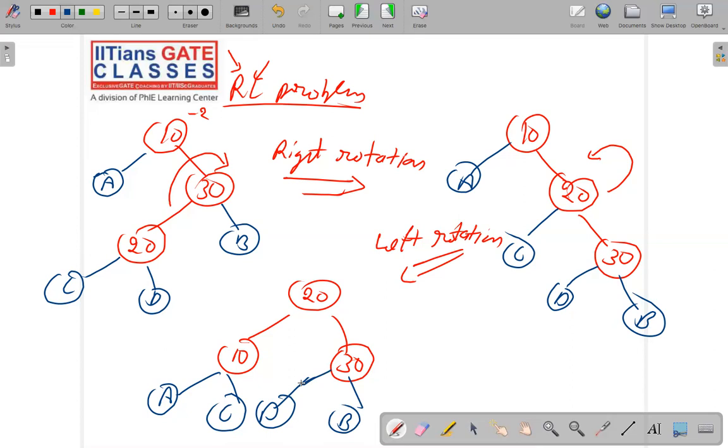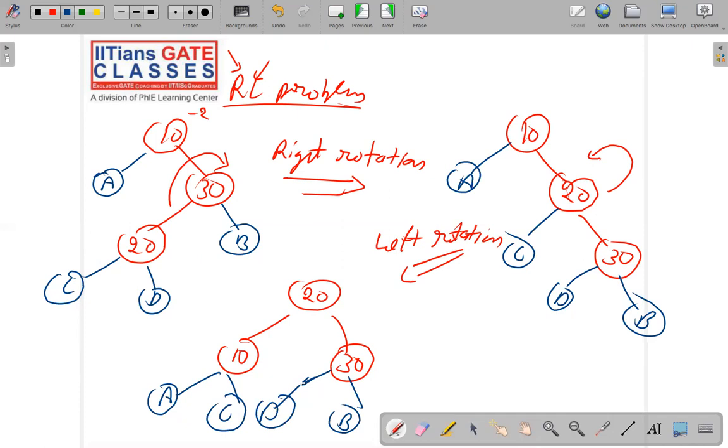Now, how can imbalancing happen? Imbalancing can happen once we try to insert some node in the tree, or we try to remove some node from the tree. The insertion and deletion will happen the same as in a binary search tree.